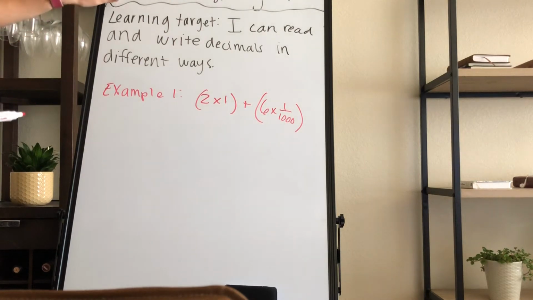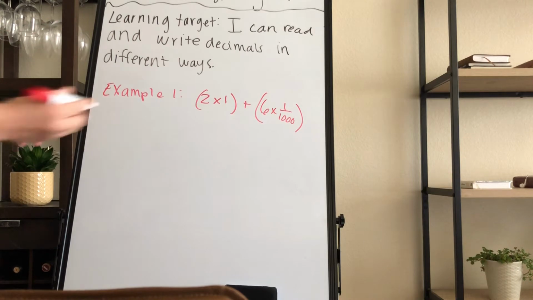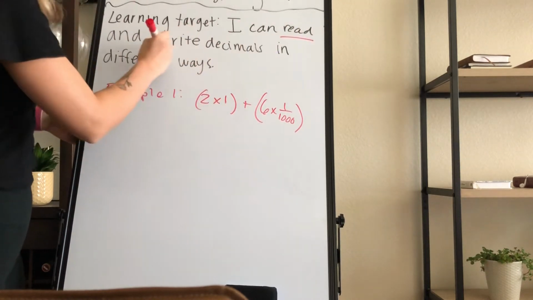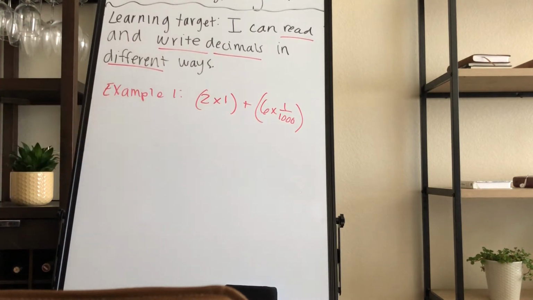Your date is Monday, August 24th. Your learning target is I can read and write decimals in different ways. So those different ways include standard form, word form, and expanded form.